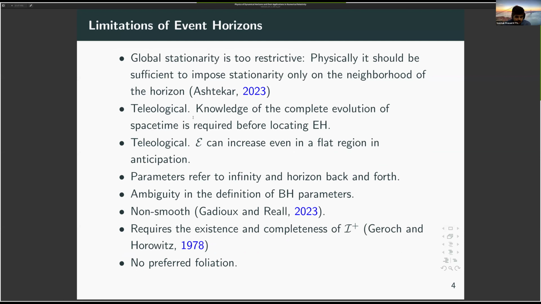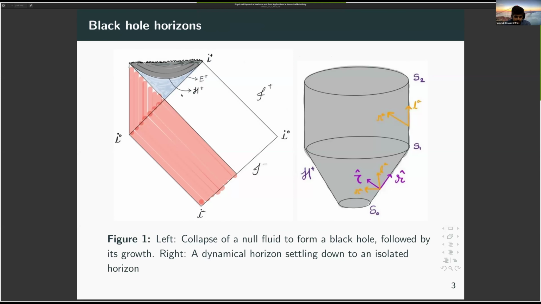There are several other troubling issues about the usual event horizons. Especially suppose we want to study a spacetime wherein there is a ring of matter or there is a certain amount of dynamics happening elsewhere away from the black holes, but the black hole itself is not absorbing anything. The black hole itself is static or stationary.